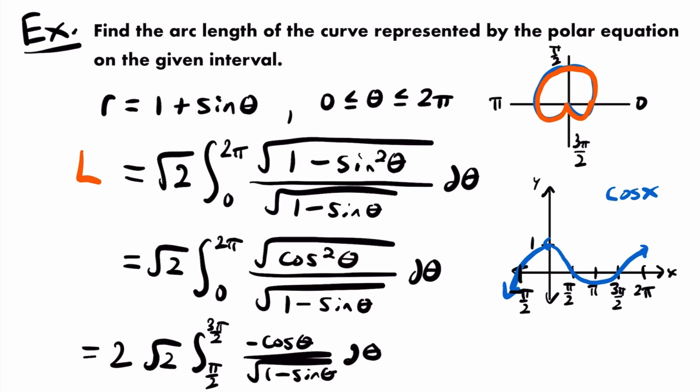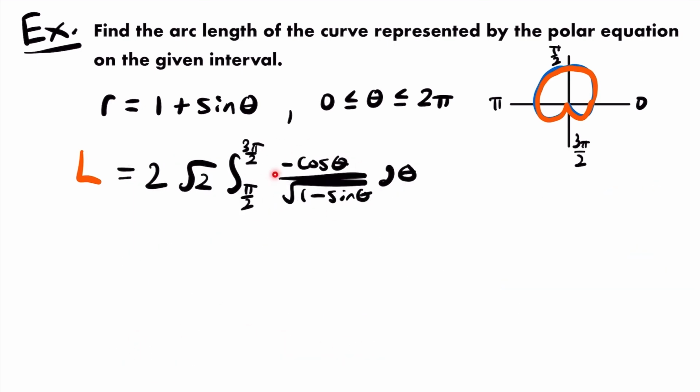And so now we can work on solving this integral. This might initially look pretty complicated, but we can use u substitution here. We can set u equal to 1 minus sine theta. And the derivative of that will also be found within our integral. It will be right here in the numerator. So let's do that. We'll set u equal to 1 minus sine theta.